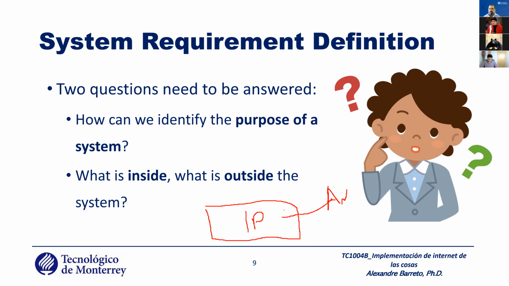But if the user said, oh, it's for both, you use a more generalist language. Okay? Defining the purpose of the system is very important to avoid developing things that the user doesn't want. And when you define the purpose, you can identify what's inside and what's outside, to avoid developing things that you don't need. Okay?